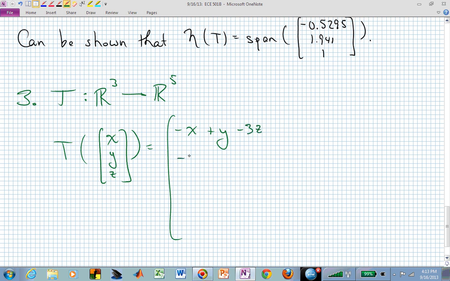The second coordinate is minus x plus 2y minus 4z. The third coordinate is x plus y plus z. The fourth coordinate is 2x plus 3y plus z. And the last coordinate is x plus 2z.